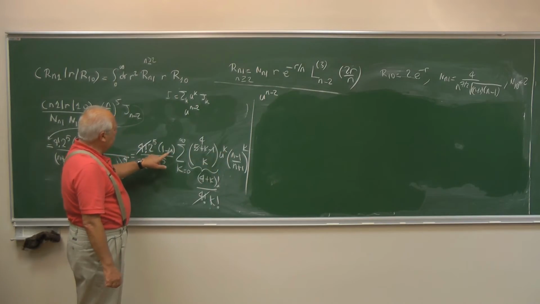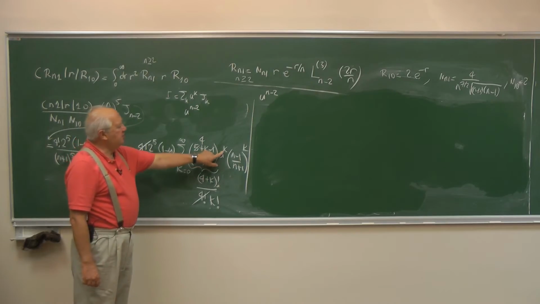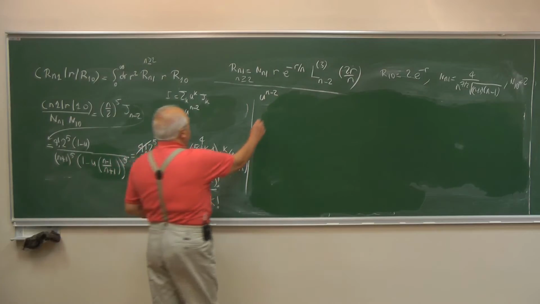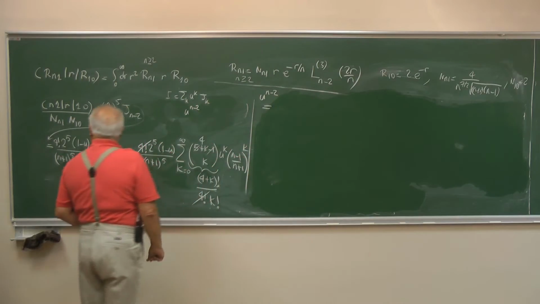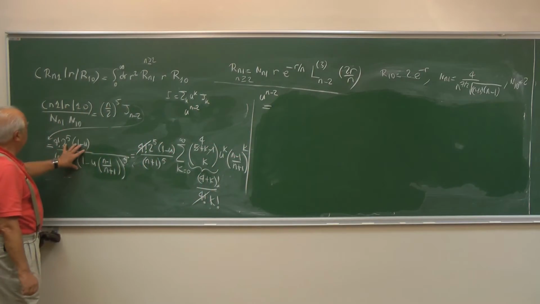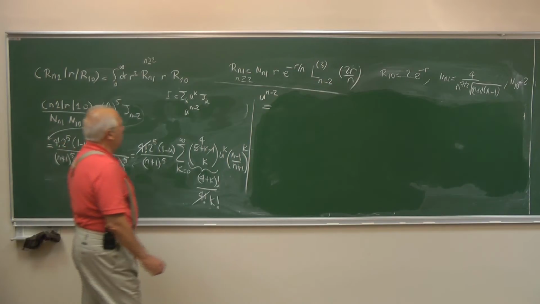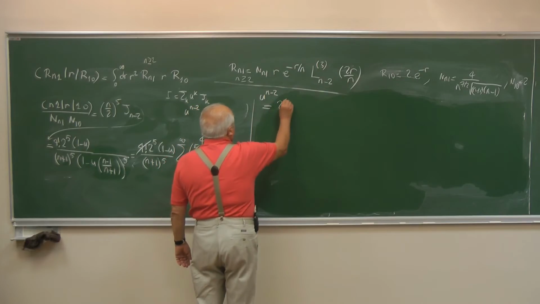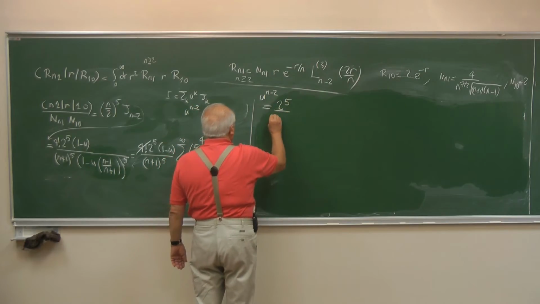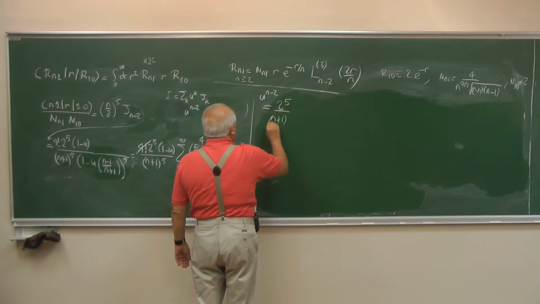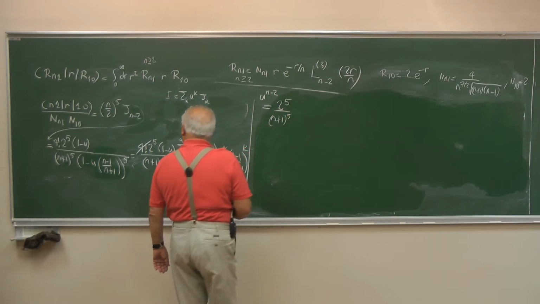If you are multiplying with minus u, k has to be n minus 3. So we will keep that in mind. I'm pulling out 2 to the 5 over n plus 1 to the 5.